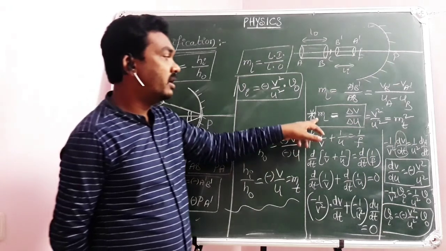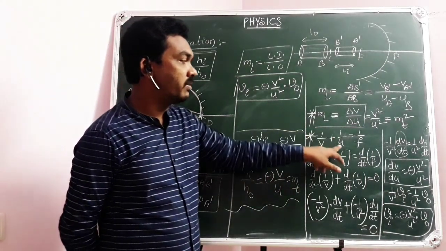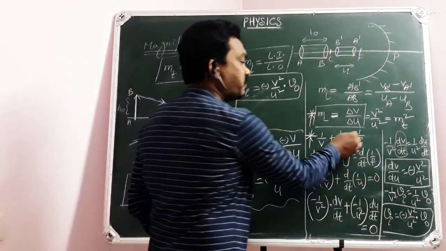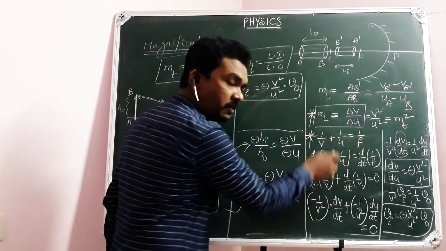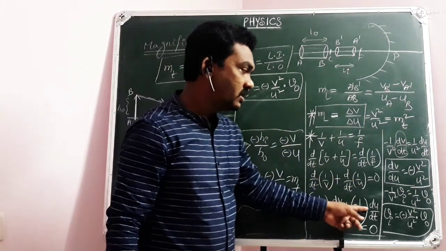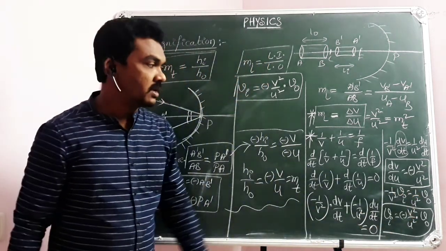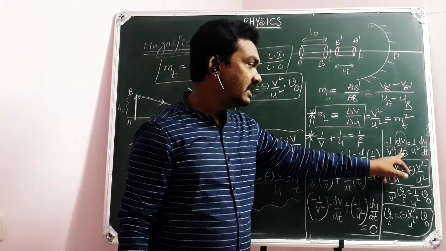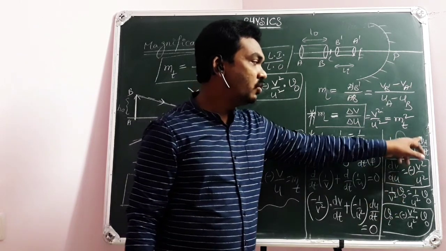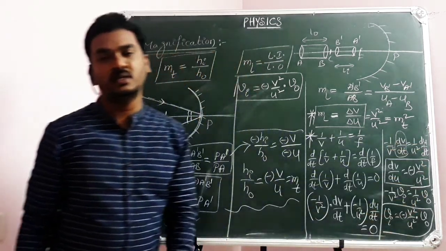This can be derived by differentiating 1 by V plus 1 by U equal to 1 by F with respect to time. In that process, we come to know the relation between image speed and object speed, because dV by dt is the image speed and dU by dt is the object speed.